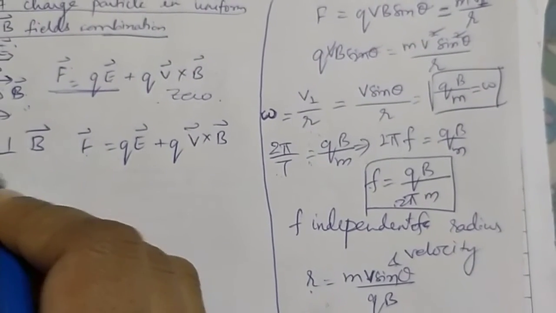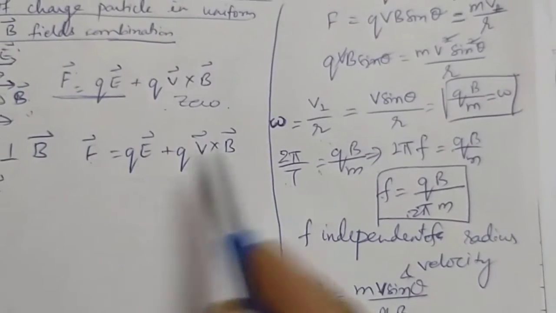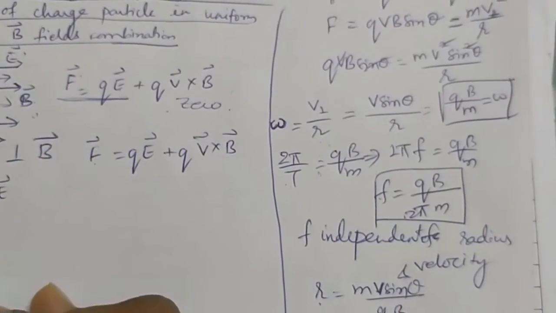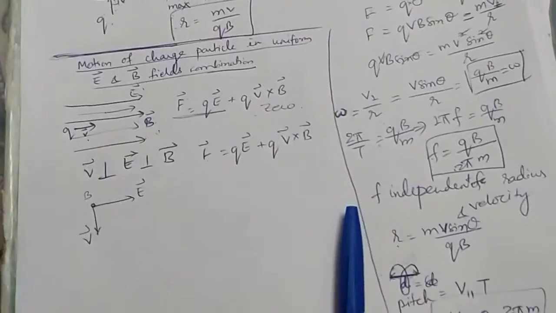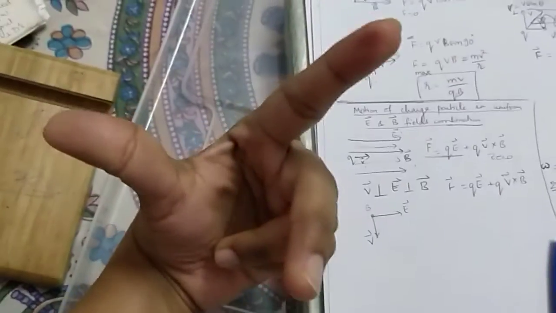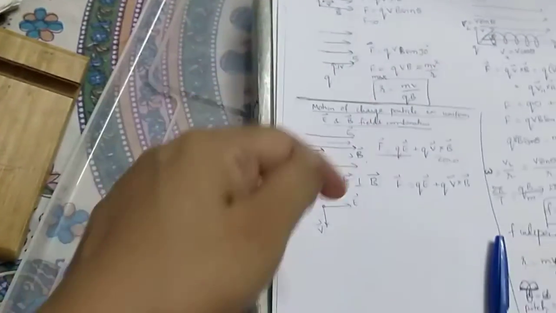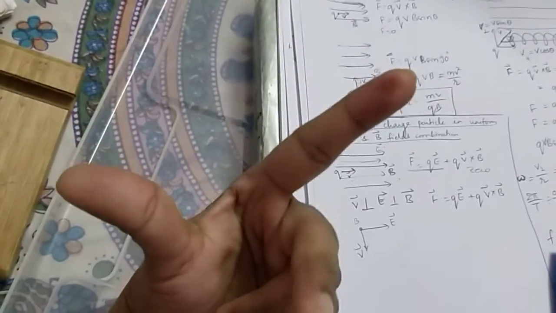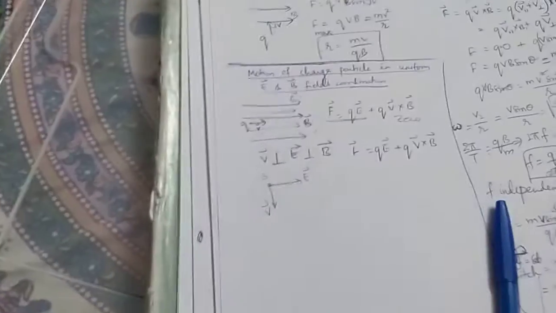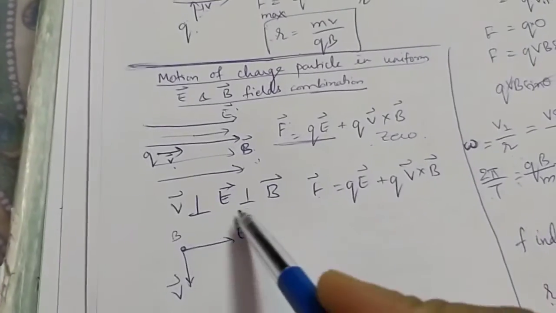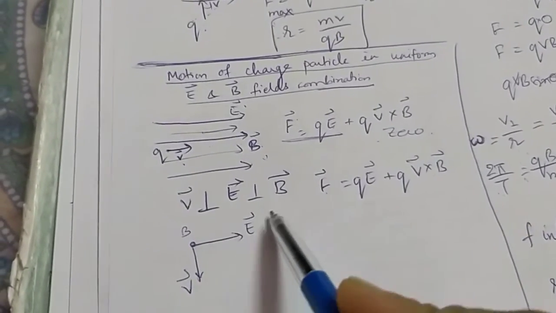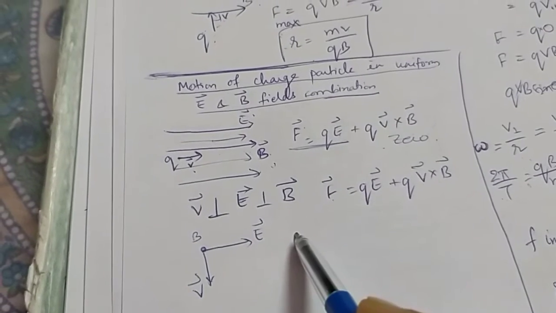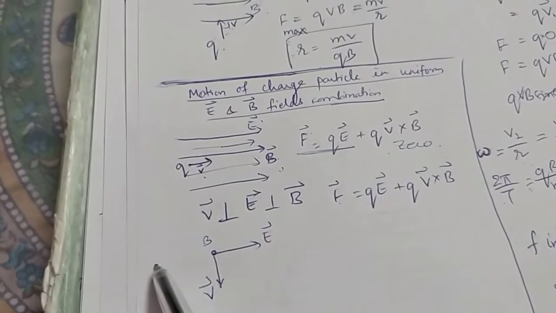So V cross B, outward, and if you use Fleming's left hand rule, magnetic field is outward and velocity is towards me, so my thumb is pointing away, this side. Electric field is this side. So this will be the direction QE for positive charge, this will be the direction of the electric force, and this will be the direction of the magnetic force.